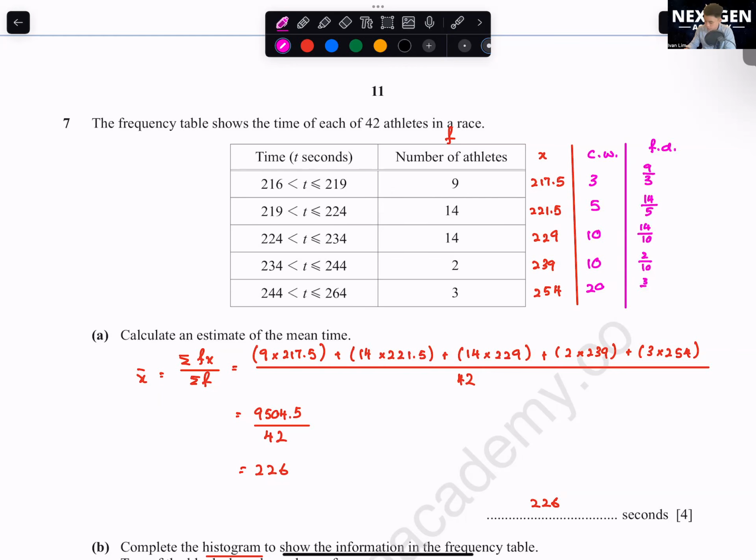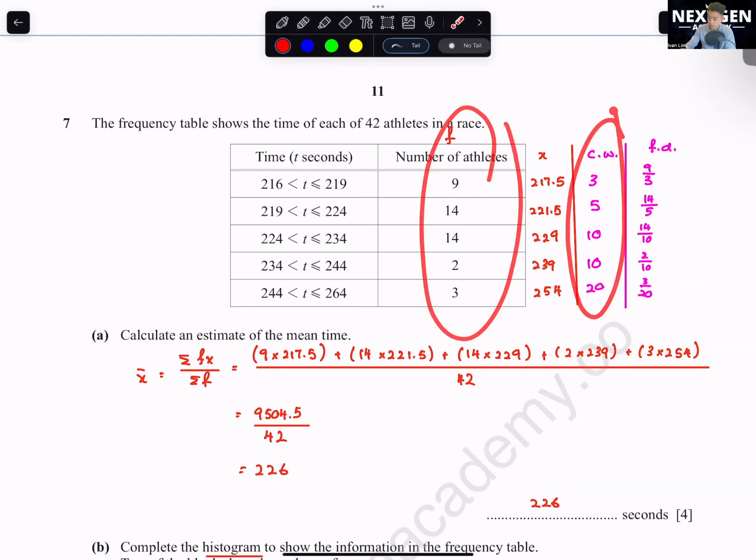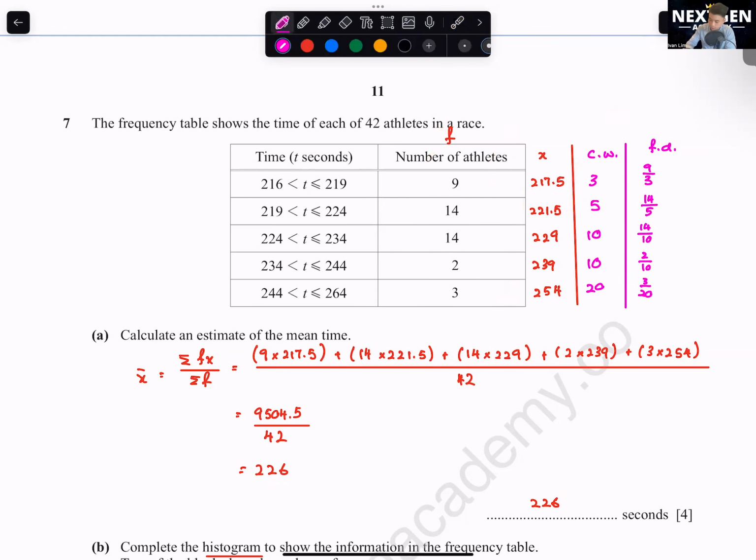And 3 over 20. I'm just taking all of these and dividing. You need to calculate one by one. Just type in the calculator, you'll get 3, 2.8, 1.4, 0.2, 0.15.